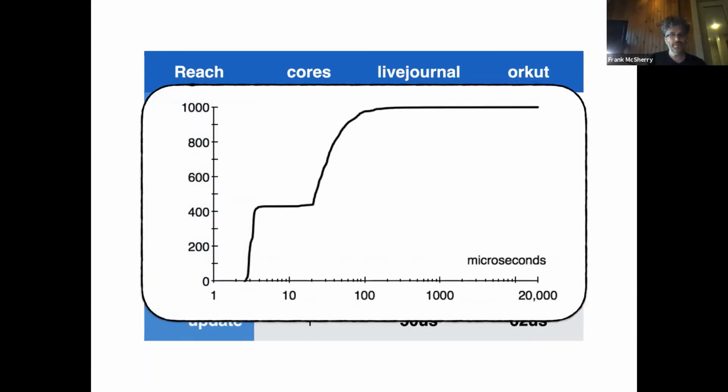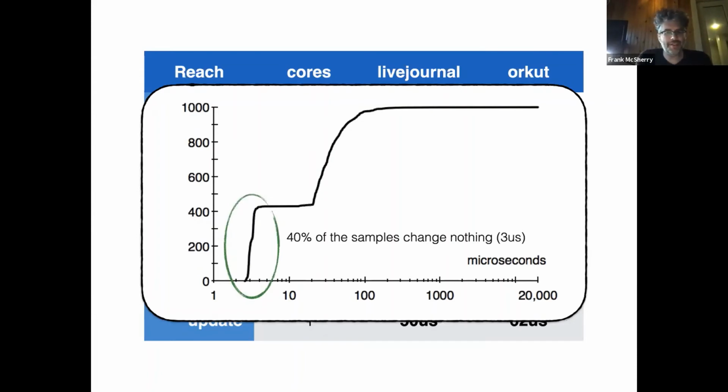Cool. So I'm just going to throw up a little picture just to give you some intuition for what incremental view maintenance feels like. This is a complementary cumulative frequency function, I guess. It's like a CDF spun around, and it goes from 0 to 1,000 rather than 0 to 1. But it's essentially telling us out of 1,000 samples that we took, how long did each of the updates take? They're random updates, some number of microseconds out there, which actually ends up at like 20 seconds out at the right-hand side. And one way to look at this is that, well, a lot of the time you make a change to the data and nothing happens, right?